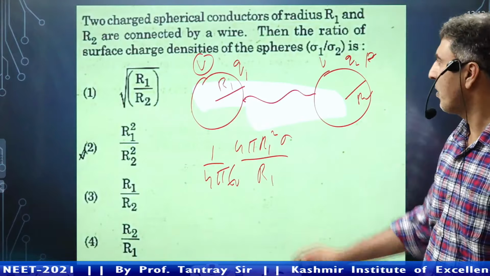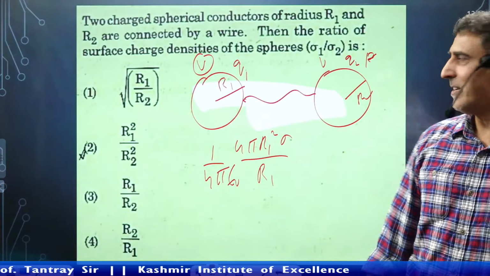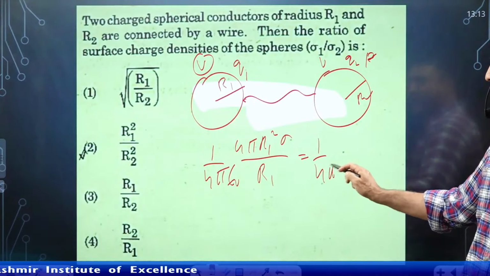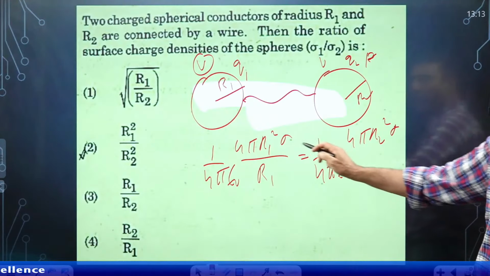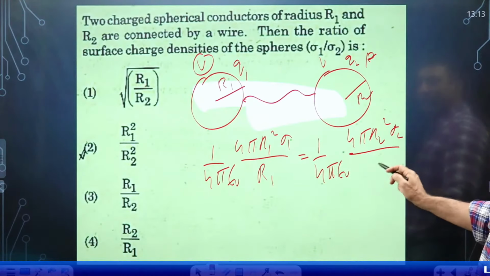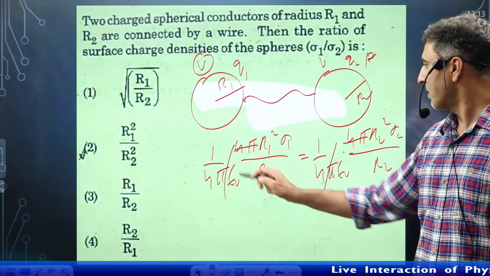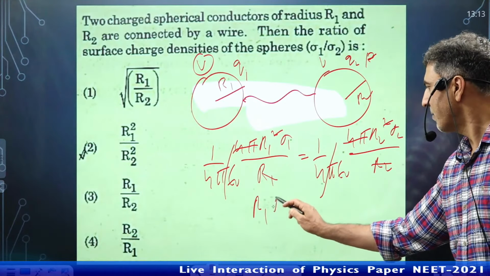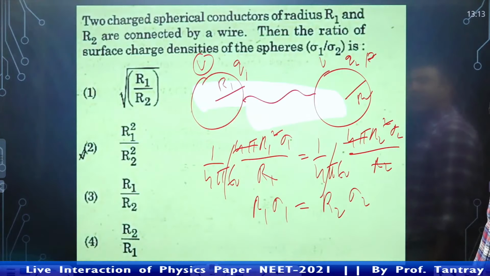That is the potential on this conductor. Now the potential on the other conductor is 1 by 4 pi epsilon naught, 4 pi R2 square sigma 2, divided by R2. So 4 pi cancels, and the factors cancel. R1 sigma 1 is equal to R2 sigma 2. So what is sigma 1 by sigma 2?